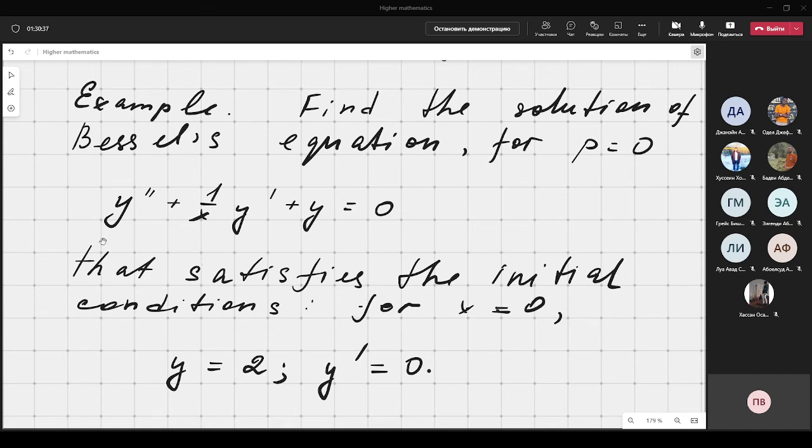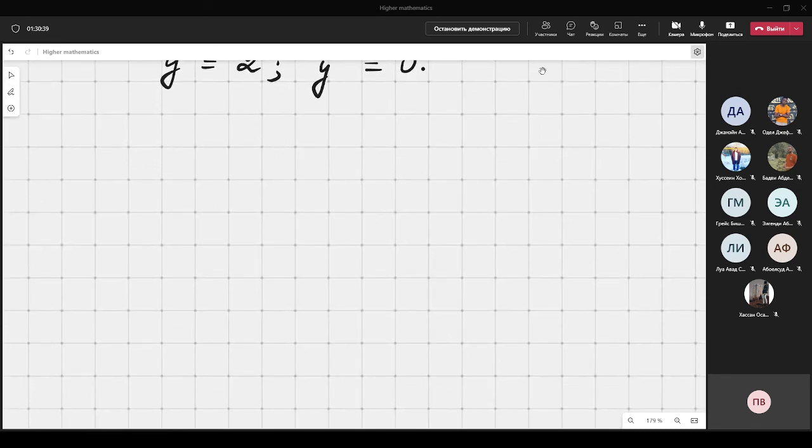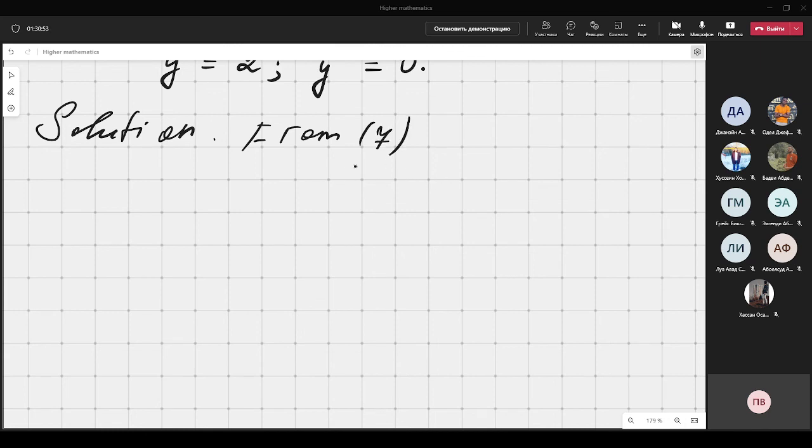Solution. From 7, we find one particular solution.